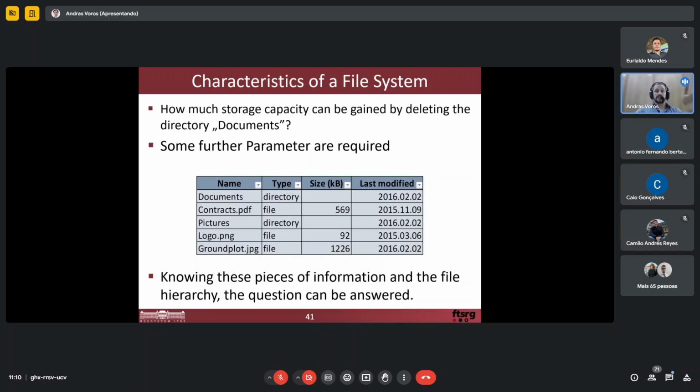And knowing these pieces of information and the file hierarchy, this question can be answered. You see this file system example, but this is not just about file systems. Whenever you are developing a systems engineering model, you will always use this kind of properties of your models.